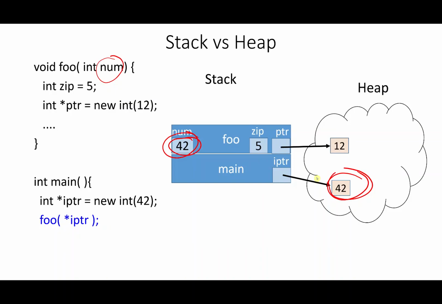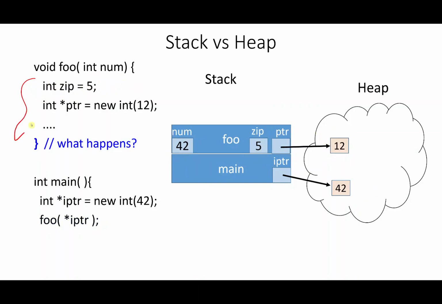Okay, so int asterisk iptr equals new int 42, and I have a very normal variable that stores 5, and then iptr storing 42 in the heap. Now, if we finish executing statements in this function, usually every local variable goes away without my intervention, because the garbage collector is collecting unused variables, or basically the variables that go out of scope.